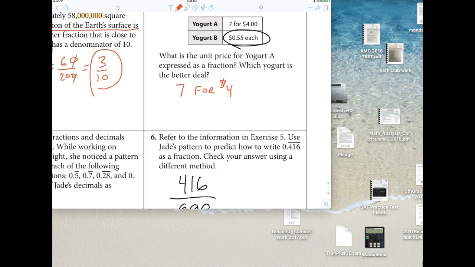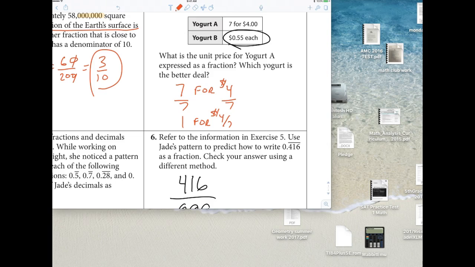Do you agree with that? Yes. I only want 1, because that's what unit price is. Do you agree? Yes. So I have 7 of them, so I have to divide by 7. So if I divide by 7, I get 1 for the fraction 4/7.